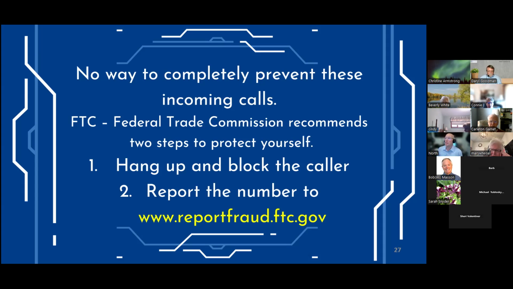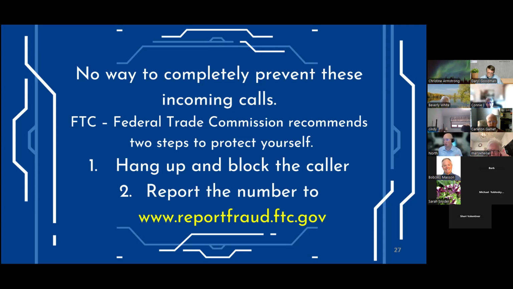Now, currently, there's no way to completely prevent it. However, the FTC, the Federal Trade Commission, recommends two steps. And this is, hallelujah, thank gosh, our government is here to keep us safe. Hang up and block the caller. That's number one. Not really that effective because they use auto dialers and it's going to be a different number every time.